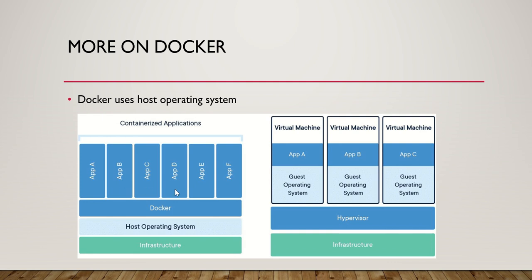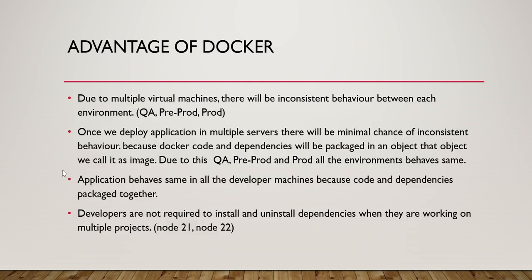You are not required to have any new operating system, and dependencies do not need to be installed separately in each container, because all the dependencies are part of the image. We will see in great detail in further slides how your application dependencies are merged together and made into an image.